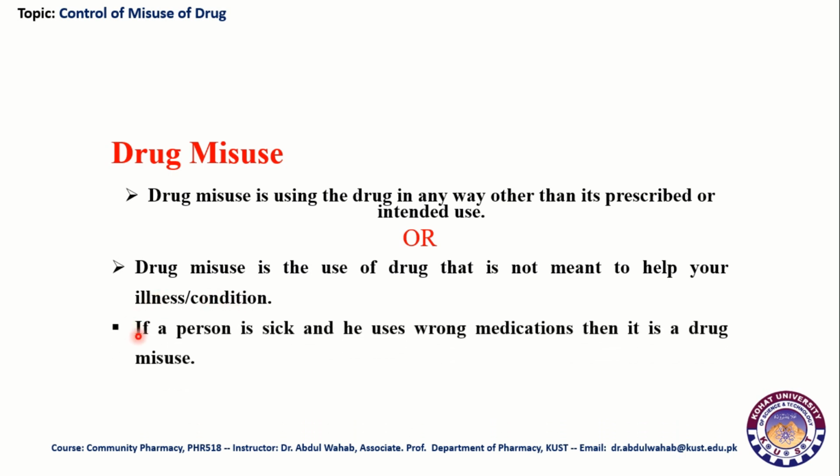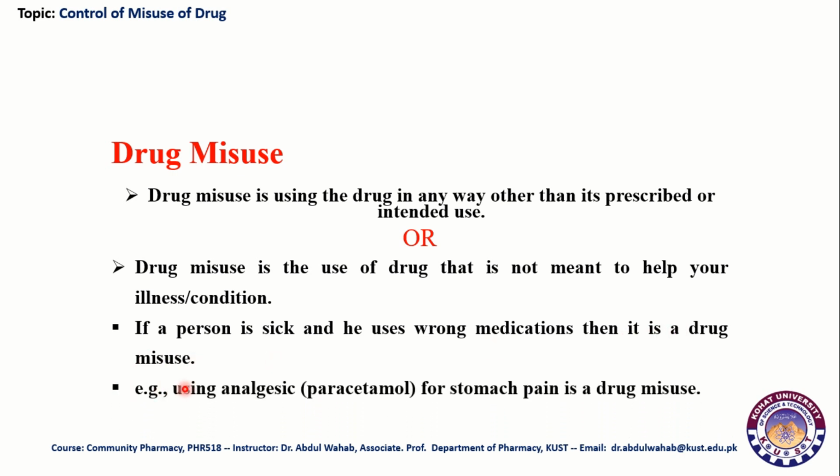If a person is sick and he uses wrong medications, then it is drug misuse. For example, using the analgesic paracetamol. As you know, paracetamol is an analgesic drug, a painkiller.